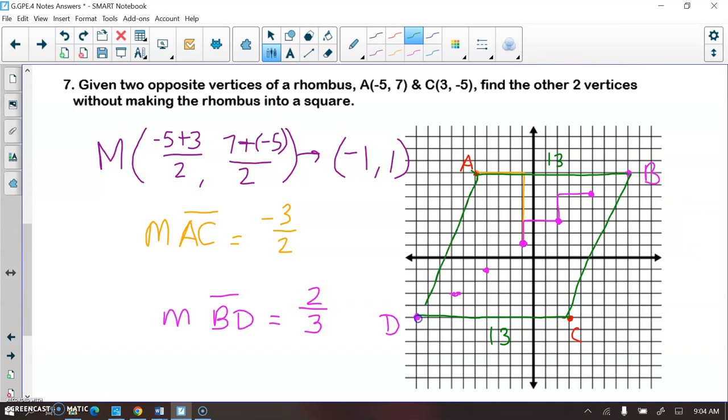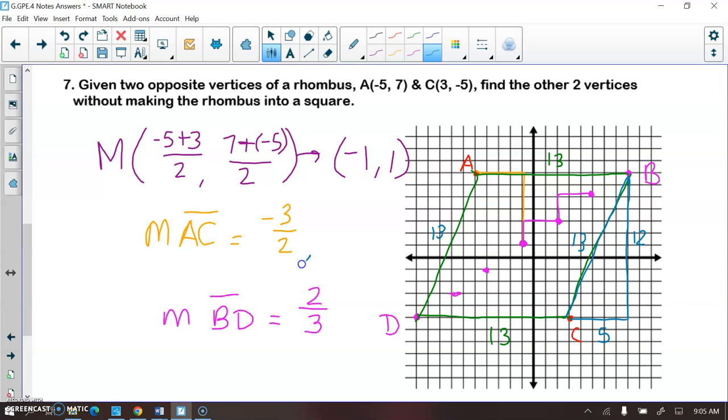And same with A to D. Well, using the Pythagorean theorem, I have 12 and 5. To finish off my right triangle, I would connect B to C. And this is a Pythagorean triple with BC being a length of 13, which means AD is also going to be 13. So all 4 sides are equal.